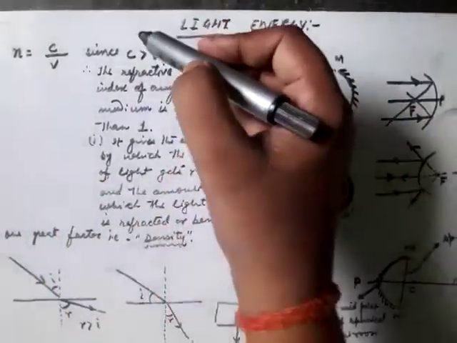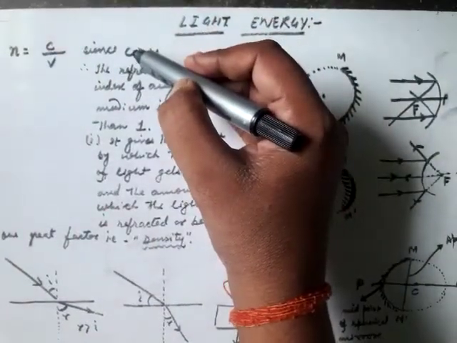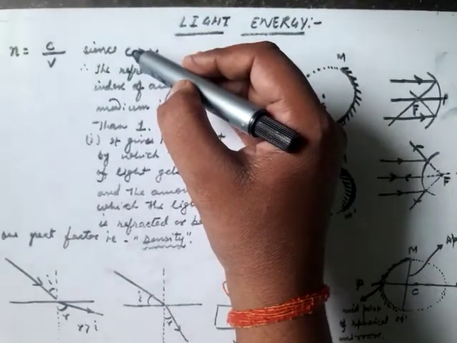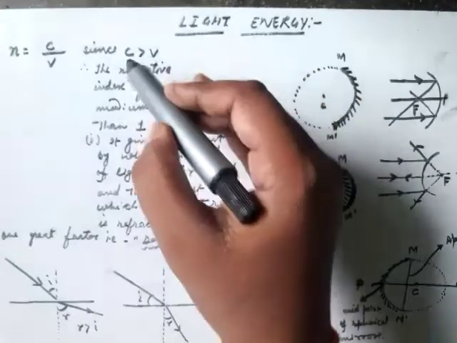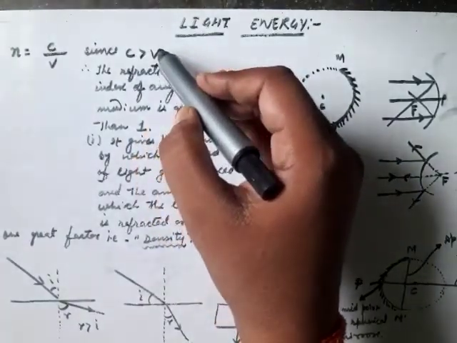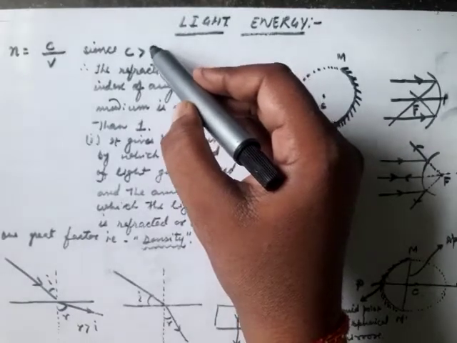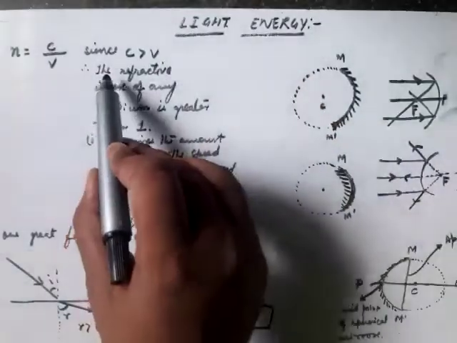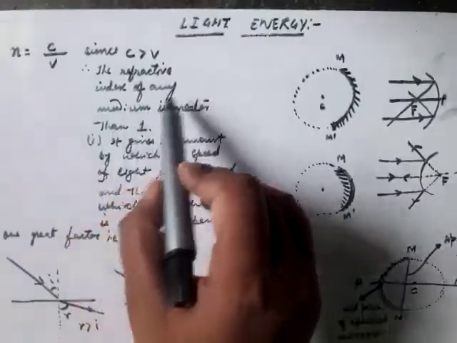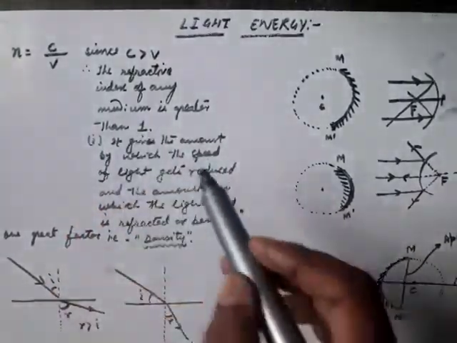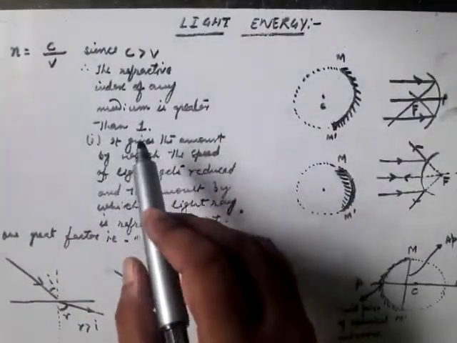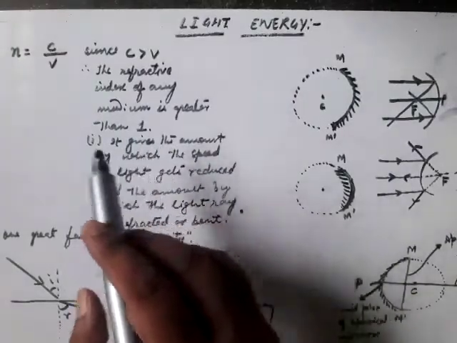Because the speed of light in vacuum is greater than in a medium, the refractive index of any medium is always greater than 1. That defines the refractive index.